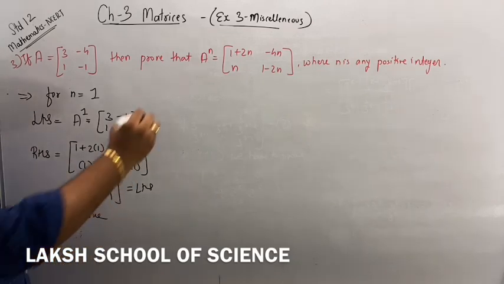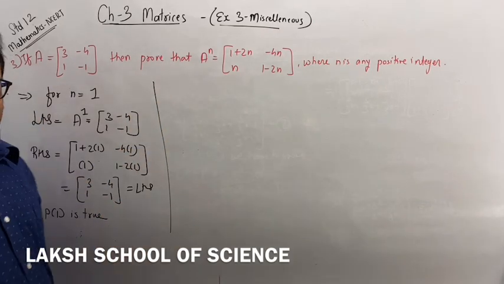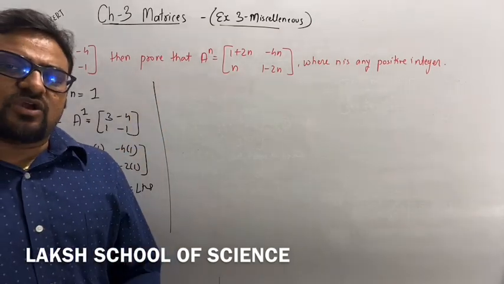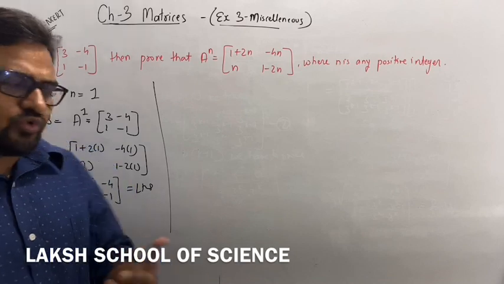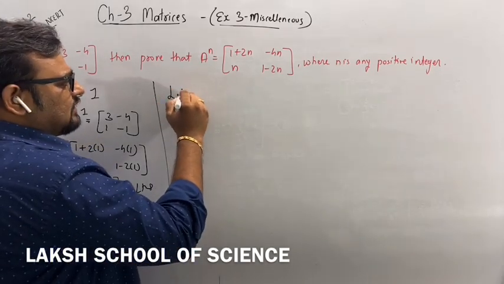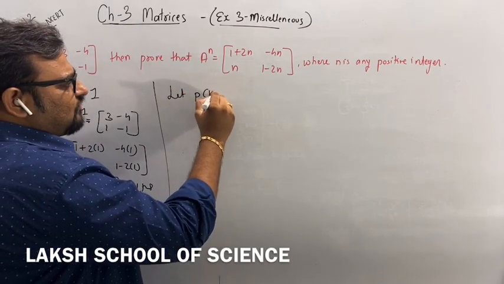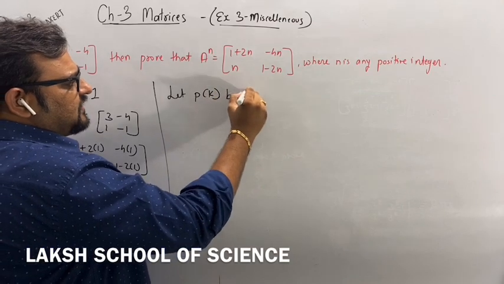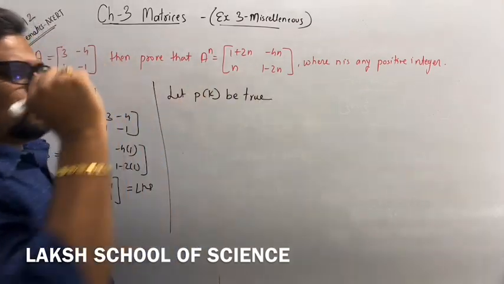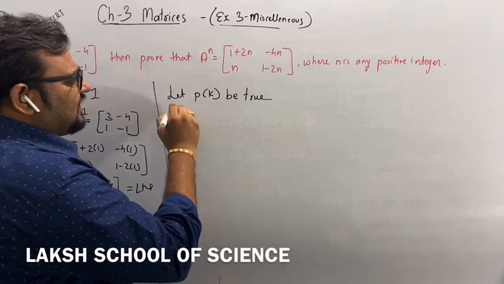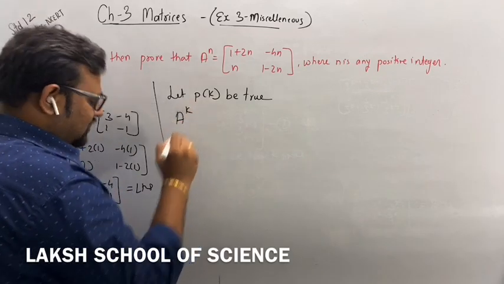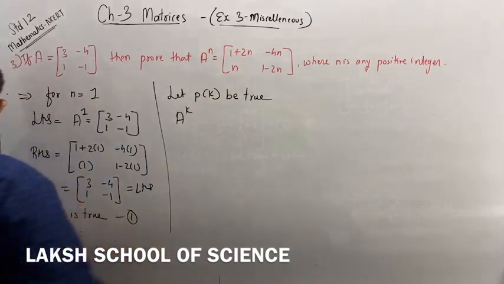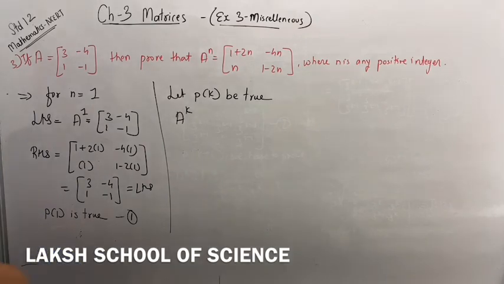Okay, what is our next step? Let's take P of k as true. So let P of k be true. So what will be the effect? A raised to k. Let us mark here that P of 1 is true.